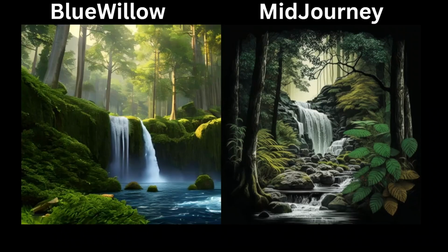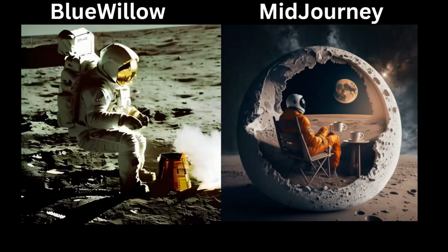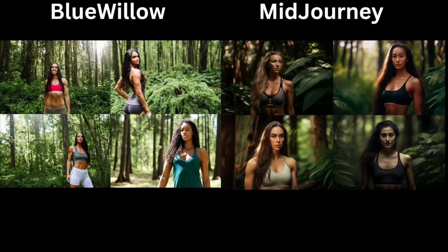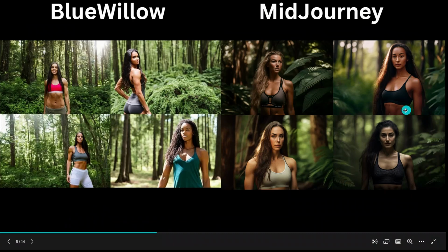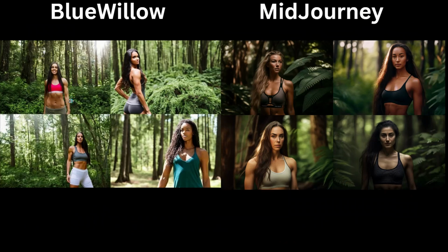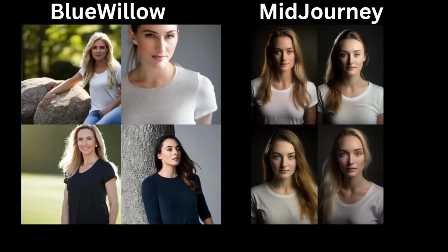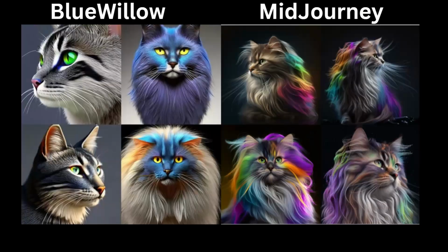One thing you will notice is that BlueWillow does a pretty decent job whenever natural scenery is involved. However, MidJourney seems to work much better whenever there are human beings. So, for example, in this case, the faces are well formed. BlueWillow tends to deform faces in some cases, and that's a known problem with stable diffusion.